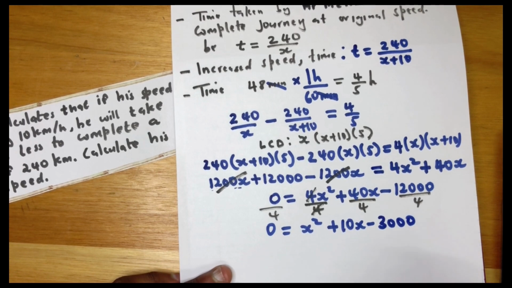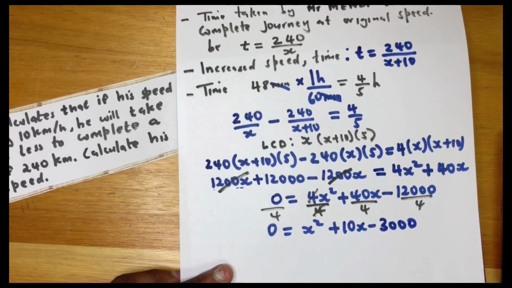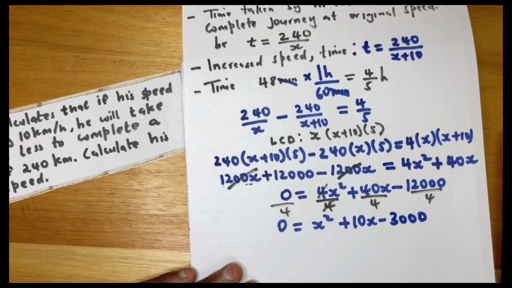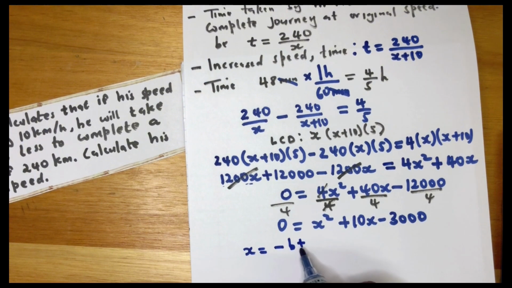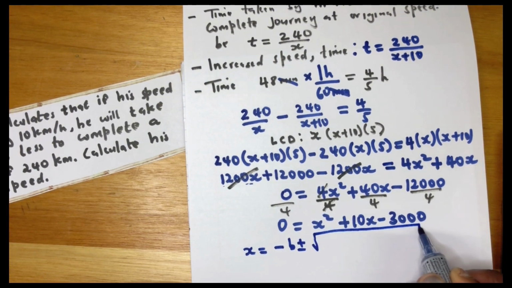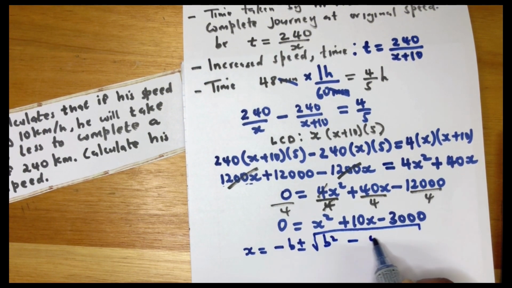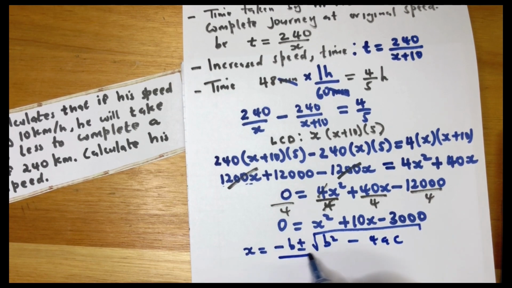So I don't want to waste my time and think about these guys. All I have to do here is go straight to the formula that we have. x is equal to minus b plus or minus square root b squared minus 4ac over 2a.